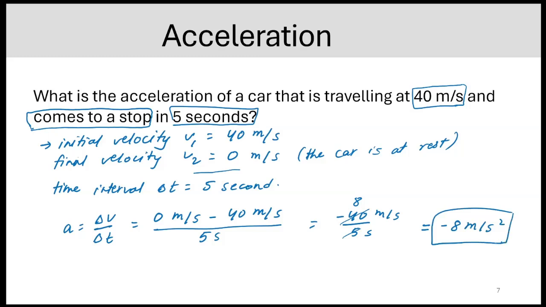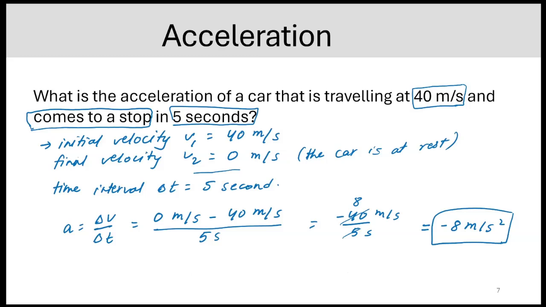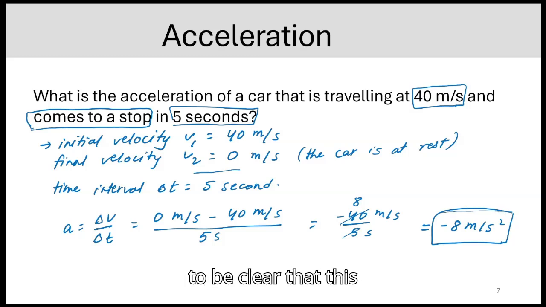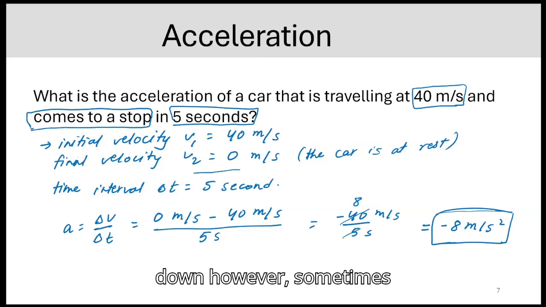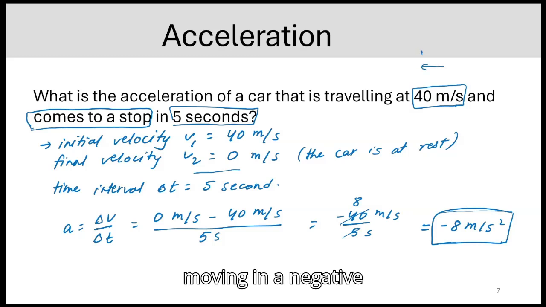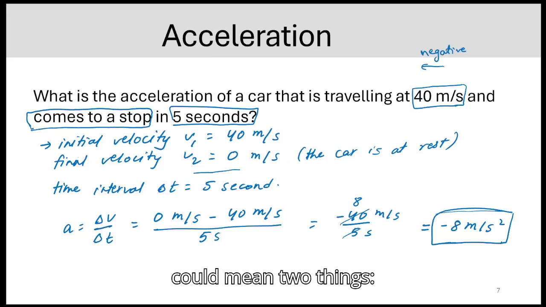And now we can say the acceleration of the car is minus 8 meter per second square. And sometimes on the negative acceleration, you need to be clear that this negative acceleration is sometimes representing that the car is slowing down. However, sometimes it may just represent that car is moving in a negative direction. So the negative acceleration could mean two things.